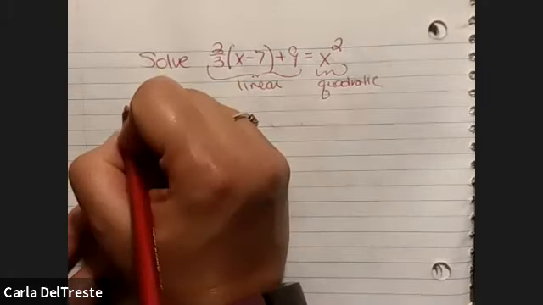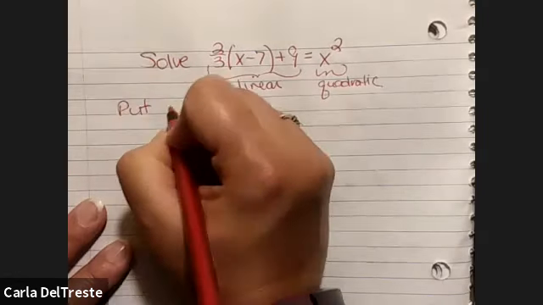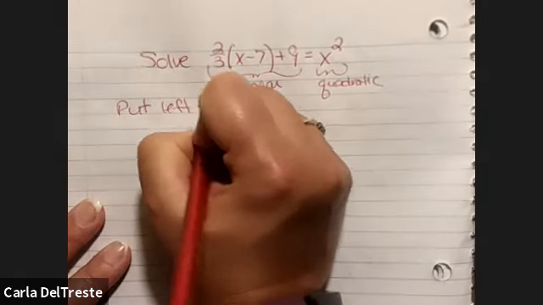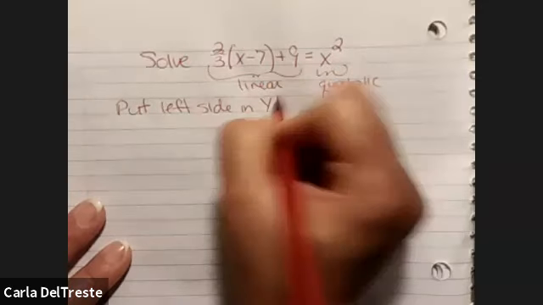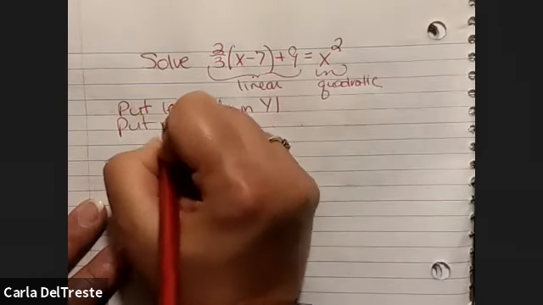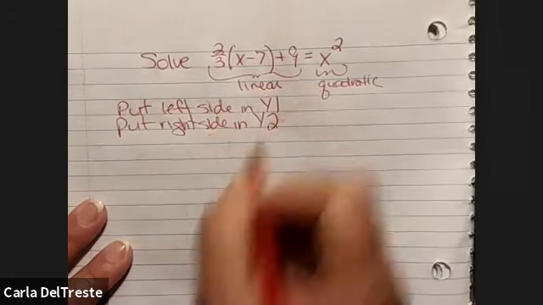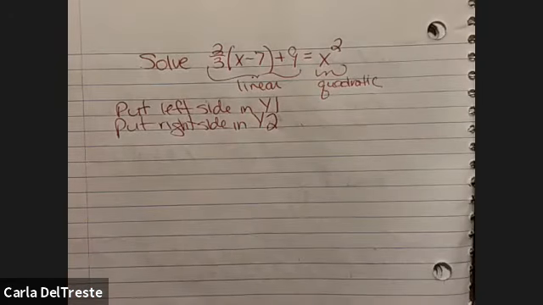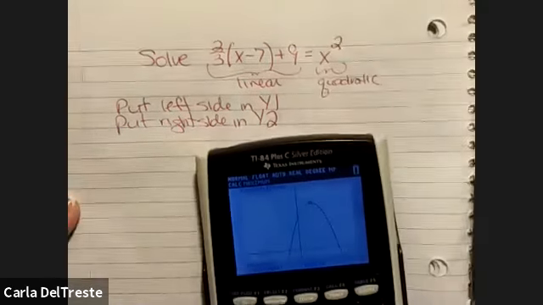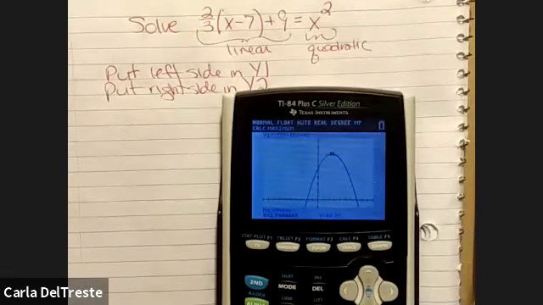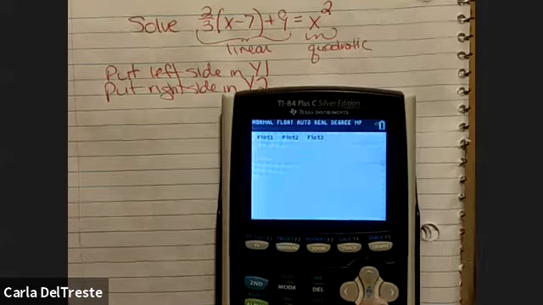So what we're going to do is put the left side in y1, and we're going to put the right side in y2. Or if you're using Desmos, one would go in the first spot and the other one would go in the second spot.